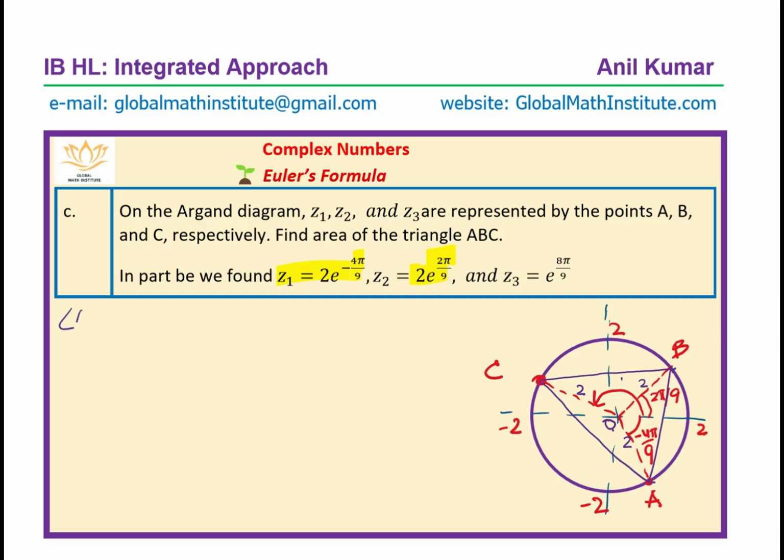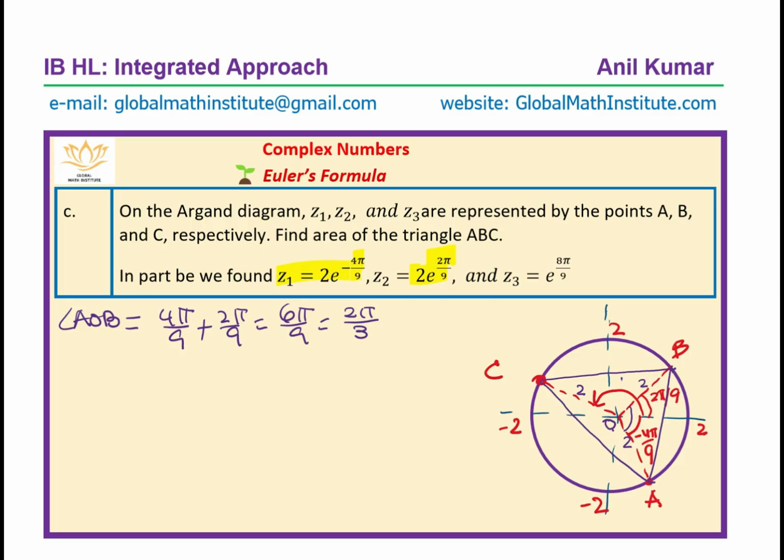Angle AOB is basically 4 pi by 9 plus 2 pi by 9, which is 6 pi by 9, or dividing by 3, we get 2 pi by 3. So 2 pi by 3 is the angle.